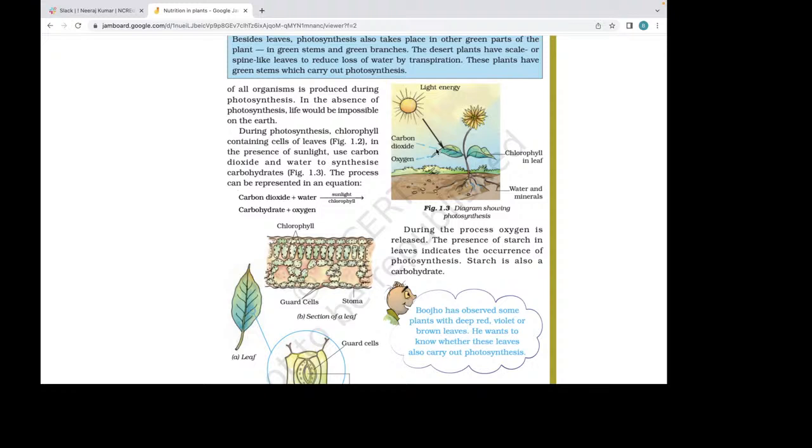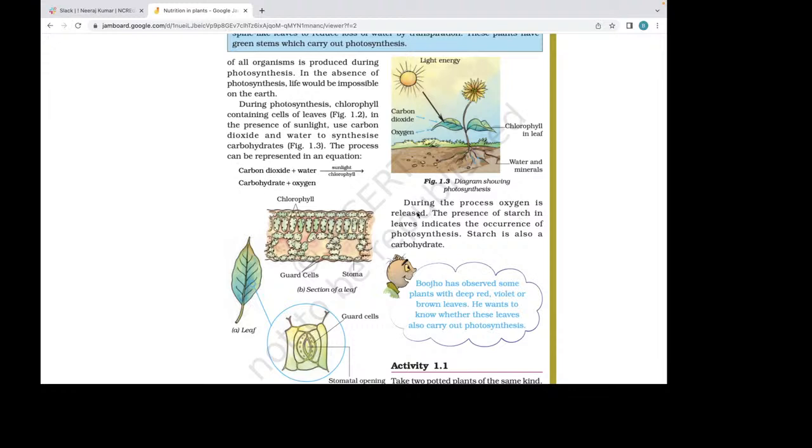It has also taken the carbon dioxide through the stomata, and then after the process, it has given rise to carbohydrate, which is stored in the plant itself, and it has released oxygen, which we take to breathe. So during the process, oxygen is released. As I told you, oxygen is released during this process.